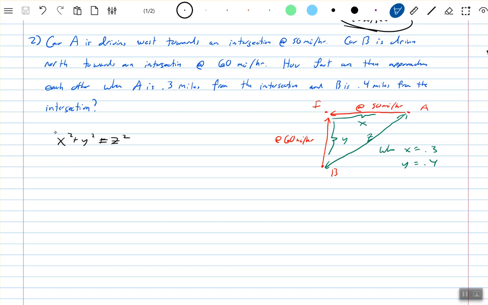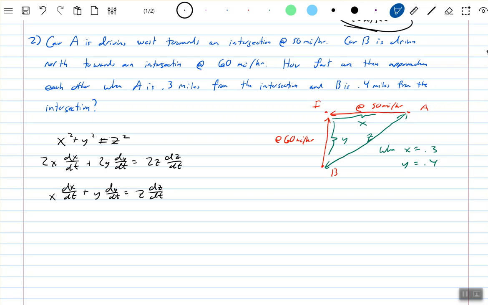If we differentiate this whole thing with respect to time, we get 2x dx/dt plus 2y dy/dt is equal to 2z dz/dt. And since they all have 2s, we can clear out the 2s, and we get x dx/dt plus y dy/dt is equal to z dz/dt.